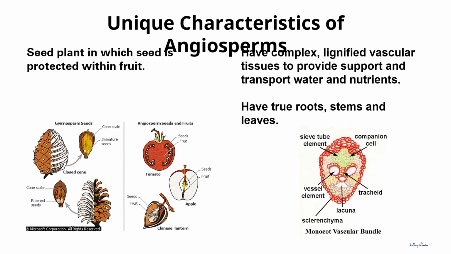Angiosperms are the most advanced plants because they have complex lignified vascular tissues, which are the xylem, consisting of vessel elements and tracheids, and the phloem, consisting of companion cells and sieve tube elements. They have true root, stem, and leaf. Compared with the previous plant groups, in angiosperms the vascular tissues are grouped into a structure called a vascular bundle, which is a more organized structure.